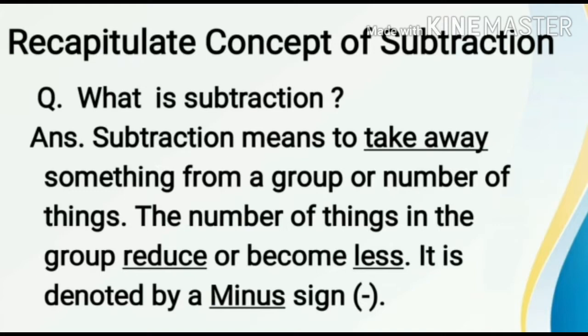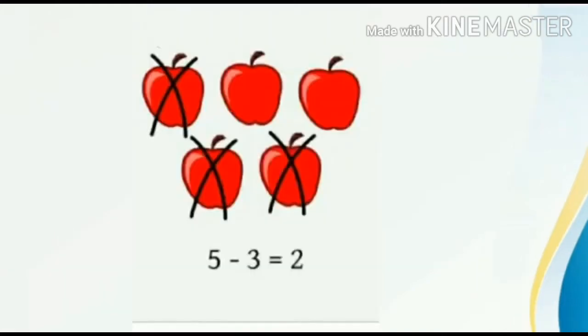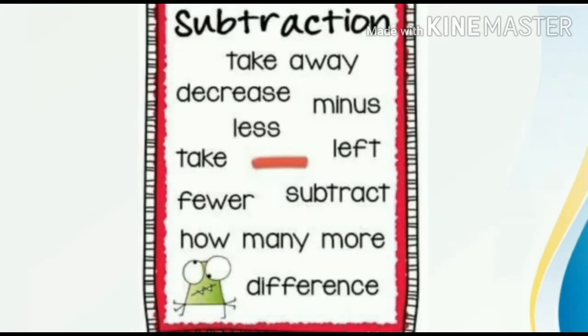The minus sign is the symbol of subtraction. 5 minus 3 is equal to 2 is an example of simple subtraction. Take away, minus, left, subtract, fewer. These are a few words which help us in understanding that the problem we have is a subtraction problem.